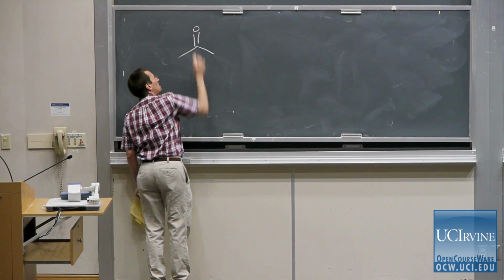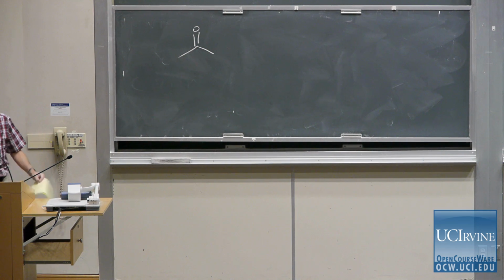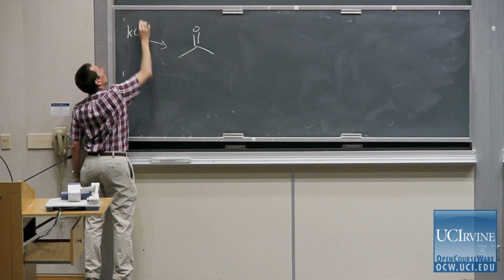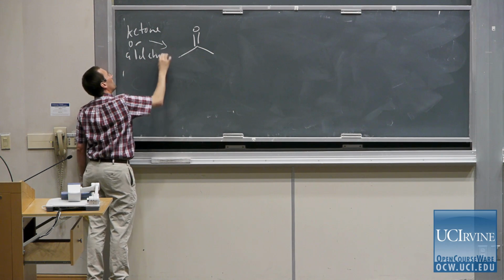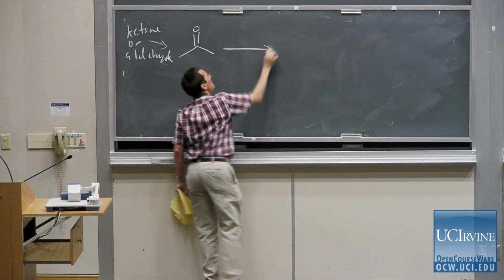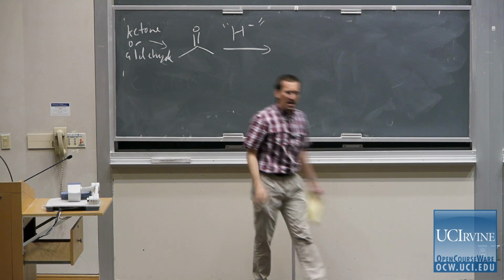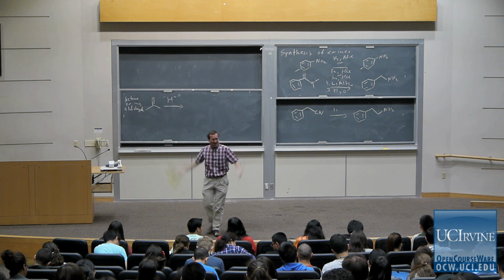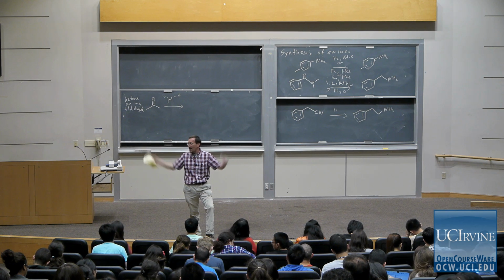So in the broadest sense of abstraction, if we have some carbonyl compound, a ketone or aldehyde, and we envision adding a hydride nucleophile, and of course you can't go and get hydride any more than you can go ahead and get carbanion.